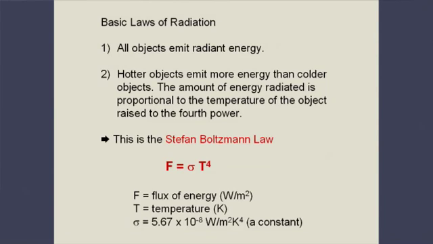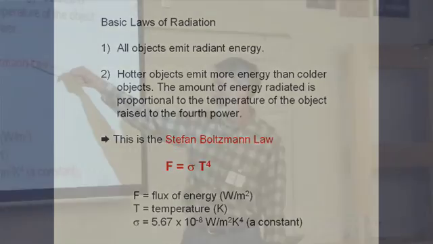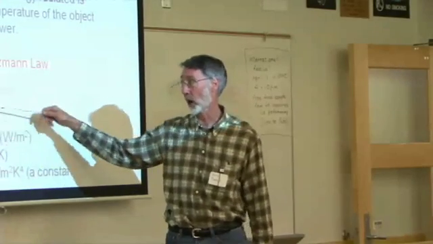So that's the basic concept of infrared radiation. All objects emit radiated energy. The hotter they are, the more they emit. The amount of energy is proportional to the 4th power of the temperature. And you can actually write a simple equation which describes it.